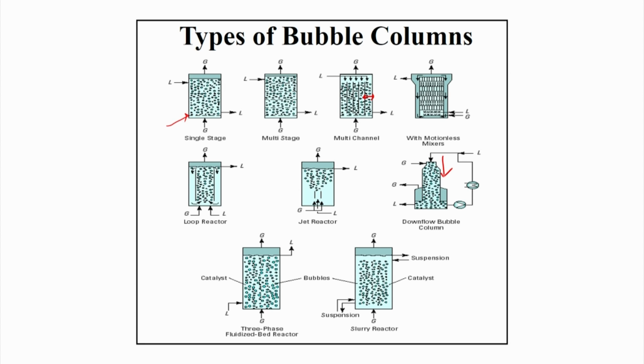So, the downflow bubble column is also being used, the three-phase bubble column is also being used, and there are several other columns as well. People have put vibrating internals inside, so that the internals will vibrate and break the bubbles. All these things have been developed to minimize the bubble size distribution and keep it uniform, because what we want from this reaction is better mass transfer.